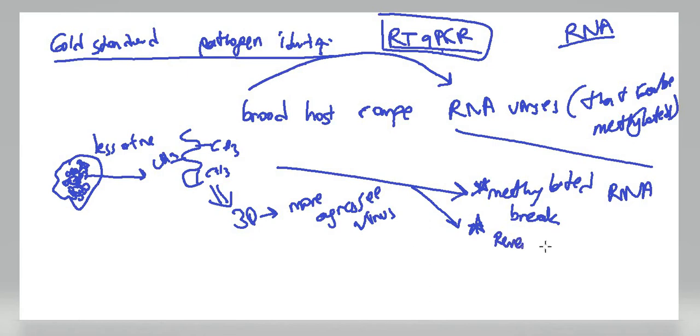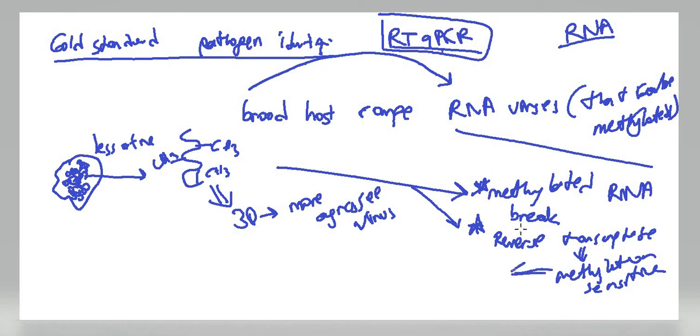Reverse transcriptases are generally methylation sensitive. What does it mean? If the virus is heavily methylated, probably even if you perform a perfect RNA isolation, the reverse transcriptases can break RNA while converting cDNA. Okay?